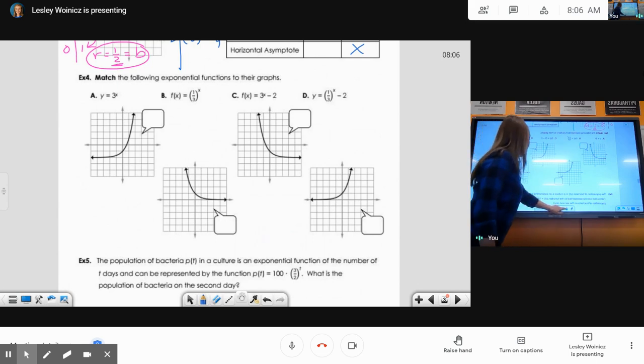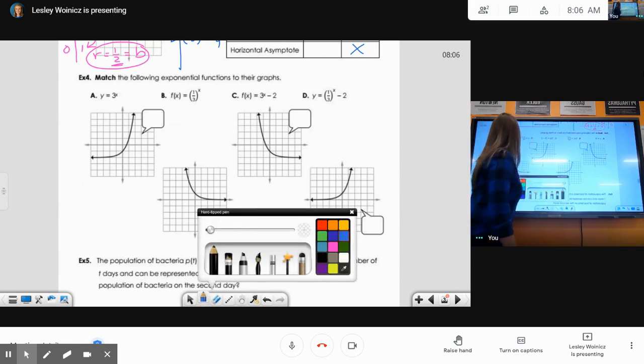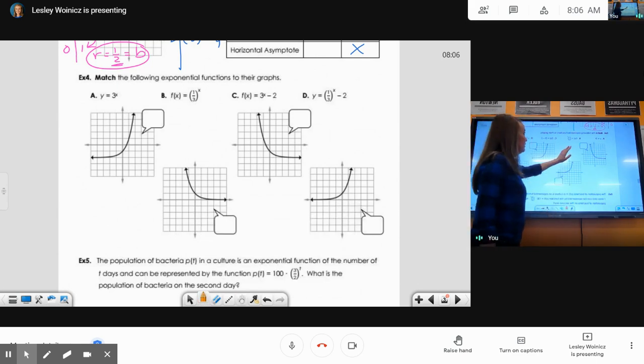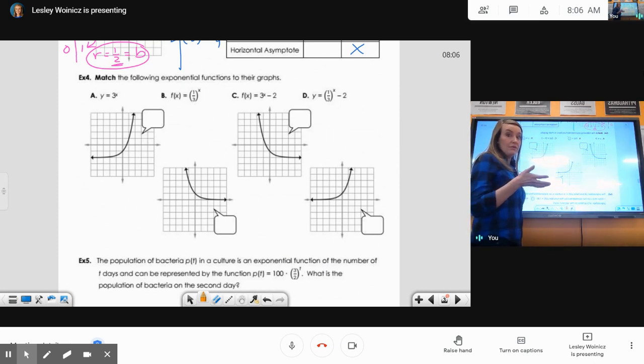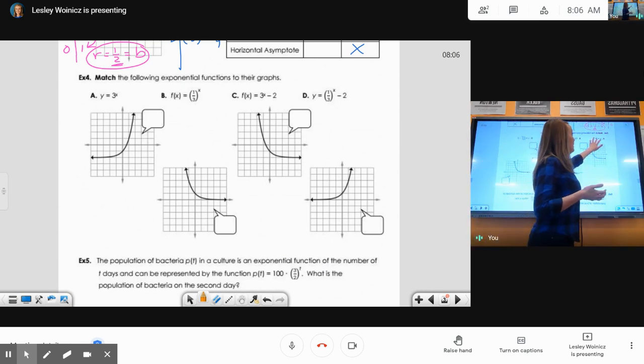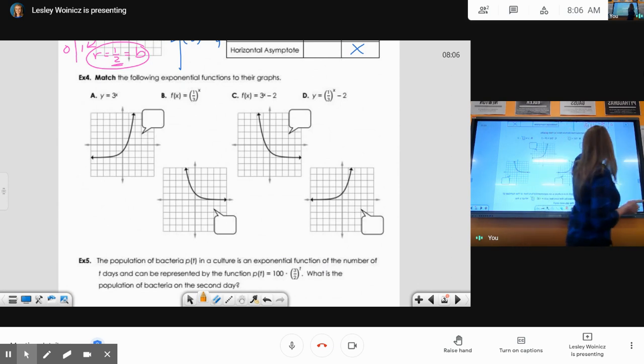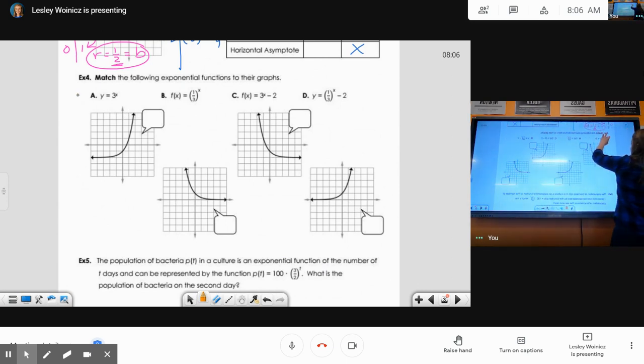So when I look at this, I can tell just by looking at these functions which ones are going to be decay and which ones are going to be growth. So that one has a base of 3, so it's multiplying by 3. If it's multiplying by 3, it's going to be getting bigger, so it is going to be a growth.